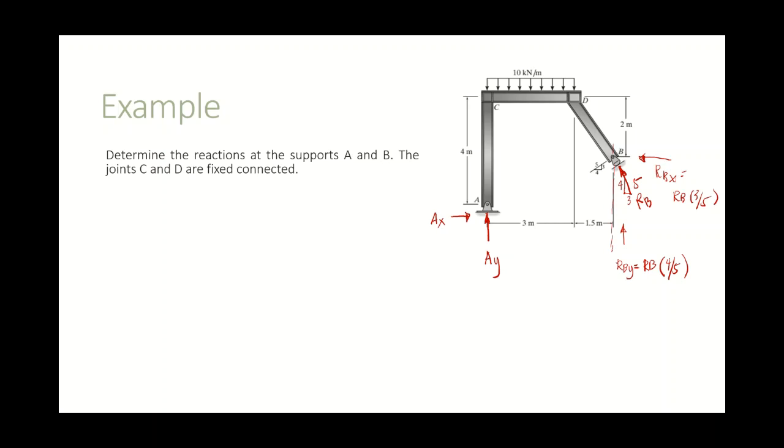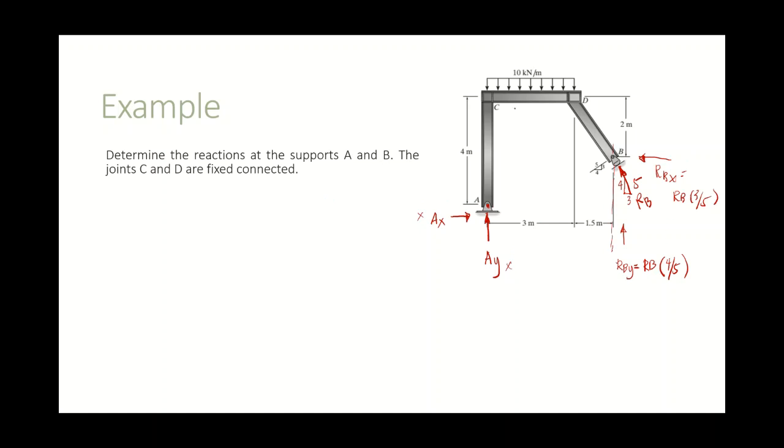We may do summation of moments at A. You can take moments at A. If you do summation of moment at A, it will eliminate AX and AY. What you only have is RBY and RBX in terms of RB.